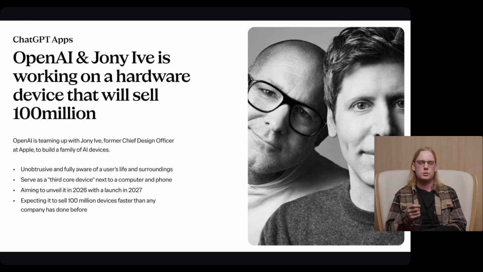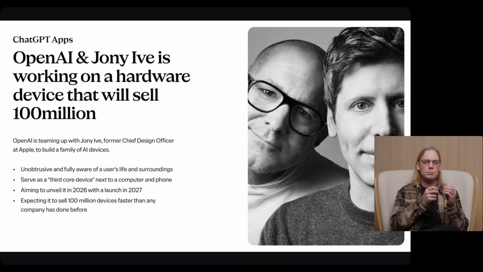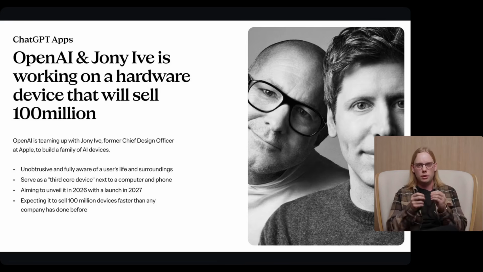And they expect the first device to be the fastest device to ever sell 100 million copies. So OpenAI has big plans, and there's no doubt that ChatGPT apps and ChatGPT as a platform will play an instrumental role in the launch of this hardware.